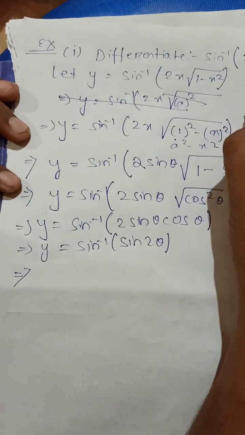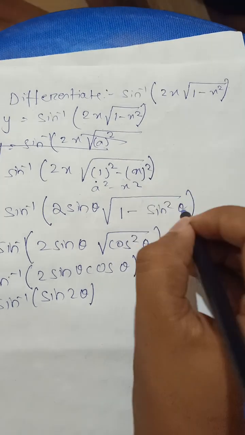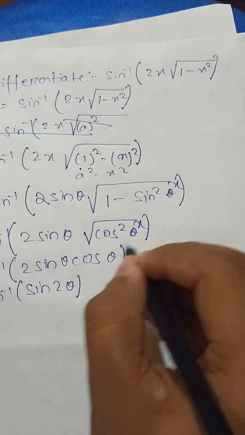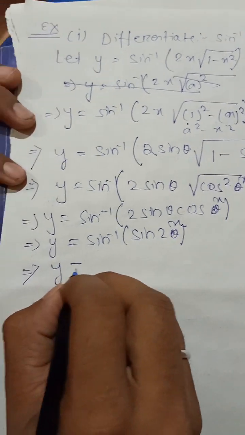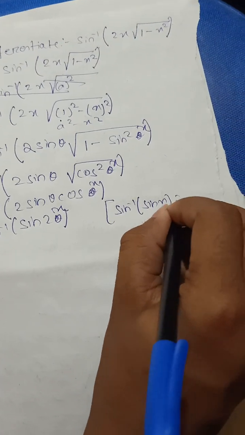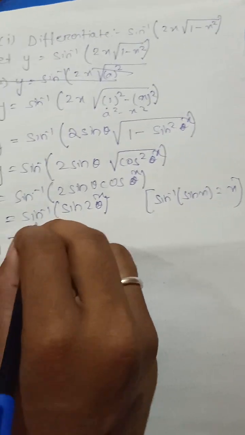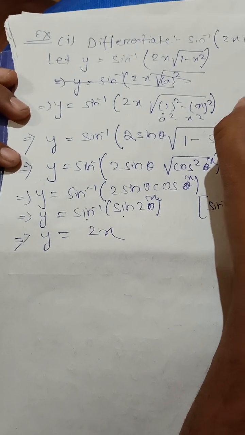One point I missed here: you have to write sin x, not theta. Y equals sine inverse of sin 2x, and sine inverse of sin 2x is 2x. What is the value of x?